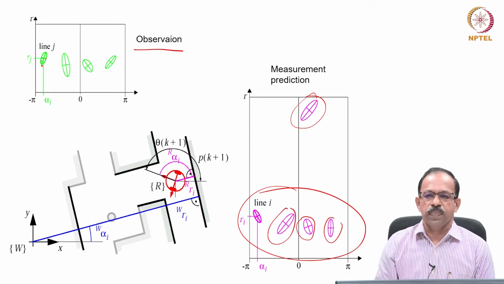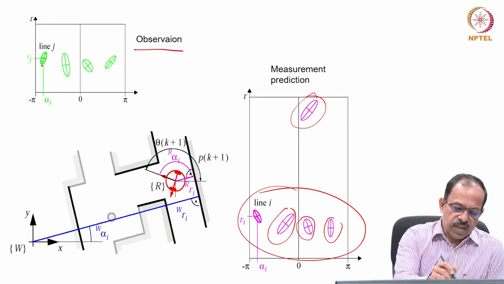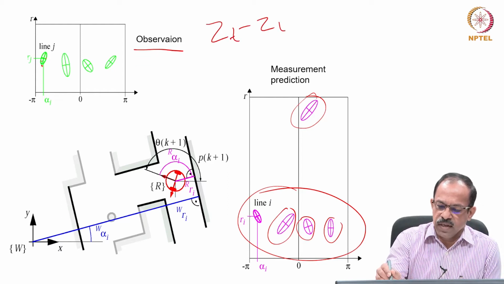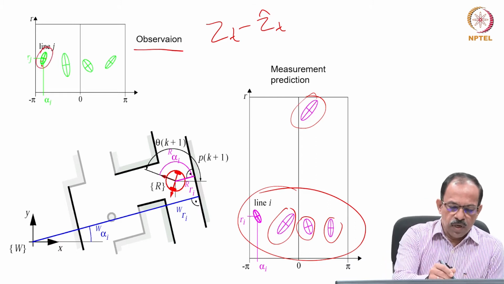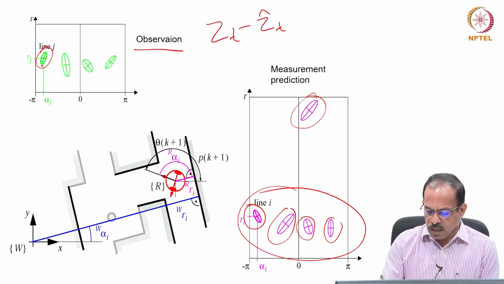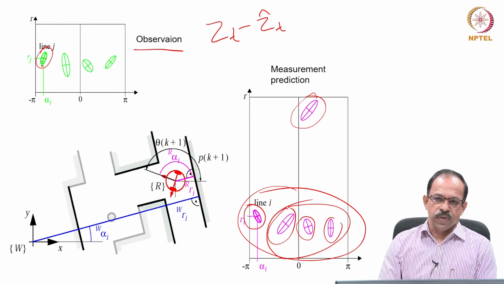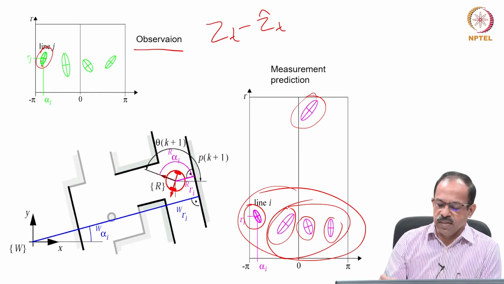Similarly, all these. So, you will see that if it is finding the difference, that is Zt minus Zt hat, for this first one, this one and this one, the difference will be very small, but the difference between all other measurement predictions will be very large. So, if it is smaller than a particular value, then only it will consider that these are the same.